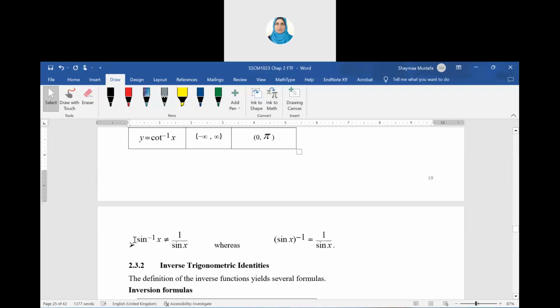The cosec function is not the same as the sine inverse function. But if we write sine x to the power -1, like this, that is equal to 1 over sine x. So we need to differentiate between sine inverse x and sine x to the power -1, because this one is equal to 1 over sine x, but sine inverse x is not. So you need to be careful with this.